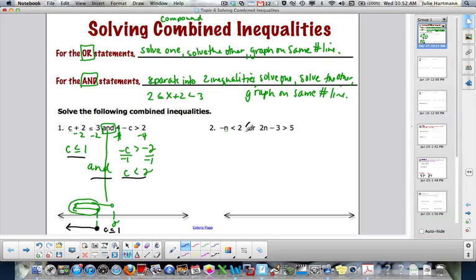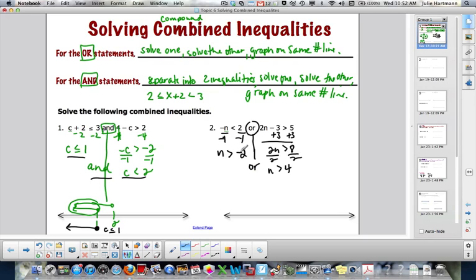Alright, the second one is an or statement. So we just solve one. On this side I have to divide by negative 1. So I get n, I'm dividing by a negative, so it becomes greater than 2 divided by negative 1 is negative 2. Or solve this one. Add 3 to both sides and divide by 2, so n is greater than 4.